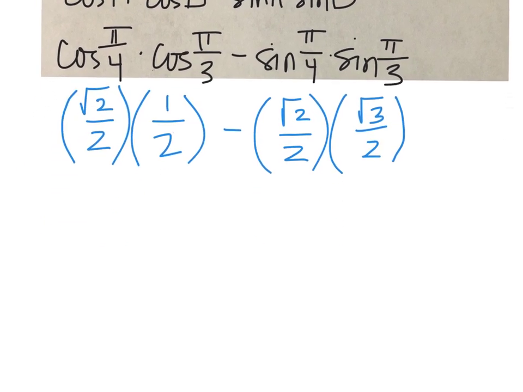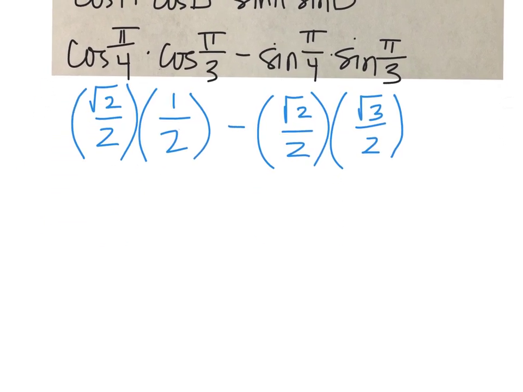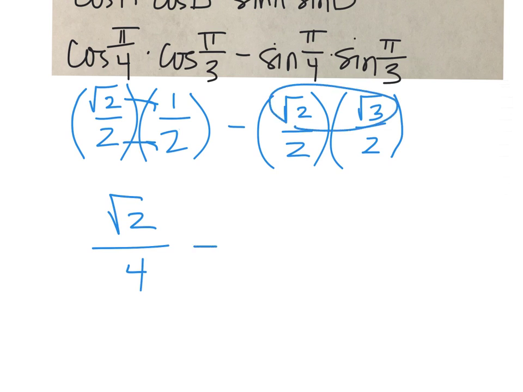Okay, so now we just have to remember how to multiply together fractions. So we do top times top, and bottom times bottom, which is 4. 2 times 2 is 4. Minus radical 2 times radical 3 is radical 6. You multiply underneath the radicals. And once again, 2 times 2 is 4.